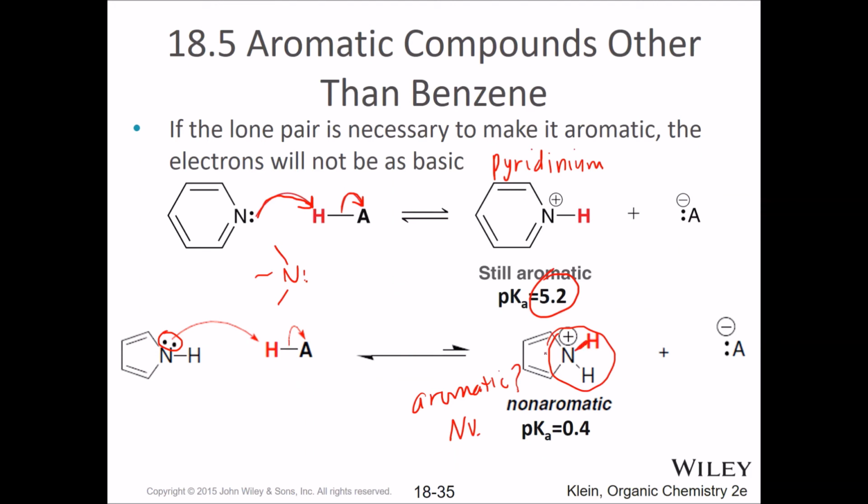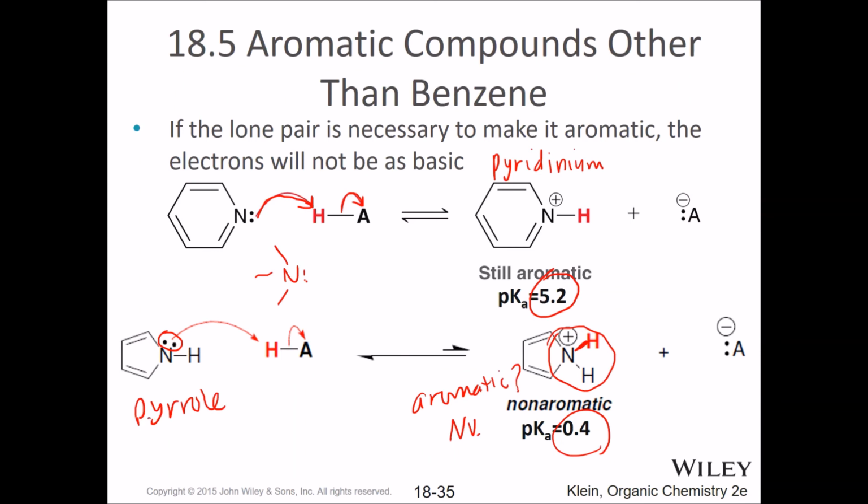So since it's not aromatic anymore, this acid's really good. That's as good as HCl. Wow. Why is it such a good acid? Because there's such a big difference between the stability of pyrrolinium and pyrrole. I don't really care about these names. I'm only using them because it's an extra color for you. You should say it out loud.